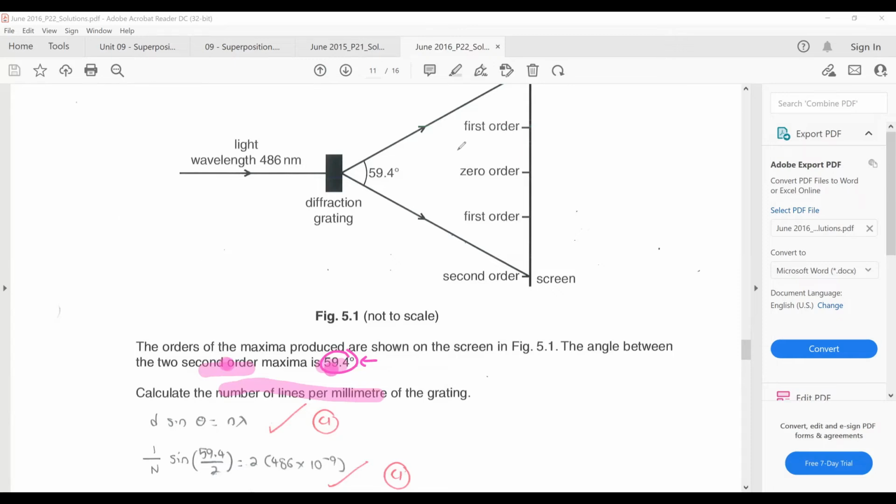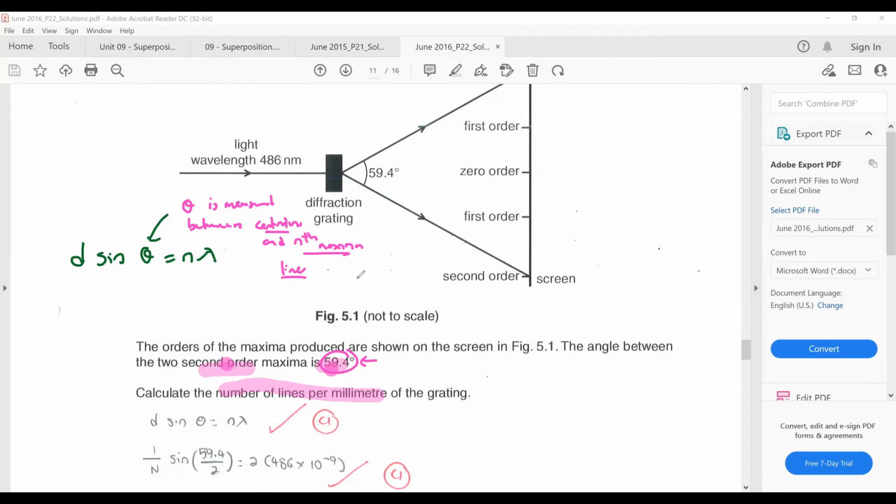If you're talking about d sine theta equals n lambda, I mentioned to you before that angle theta is measured between the center line and the end maxima line. Maybe I just write that down. It's measured between the center line and the end maxima line.